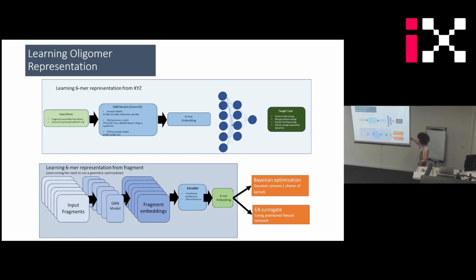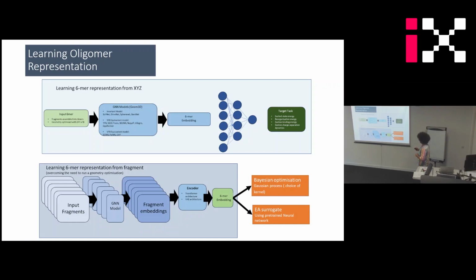And that's where I came out, when I started working on this, where you could call it a deep kernel approach, where you're trying to learn the representation using deep learning. So the idea here is, if we have the geometry or the XYZ of the molecule in the dataset, we could train a graph neural network to predict one of the target tasks that we're looking into.